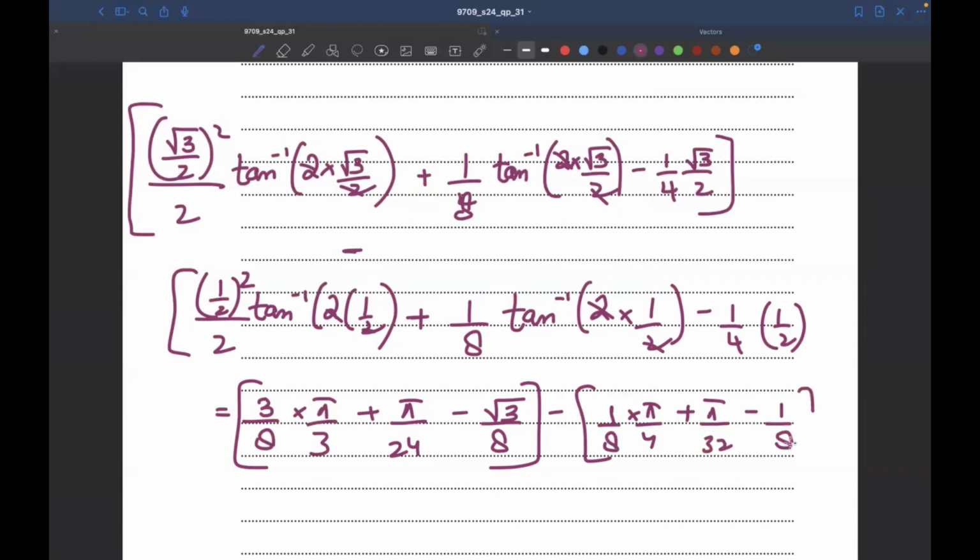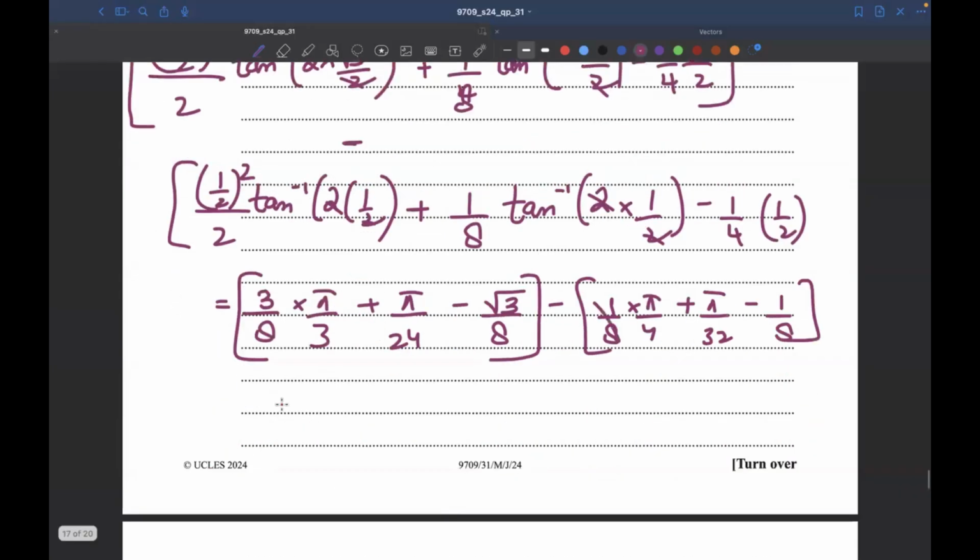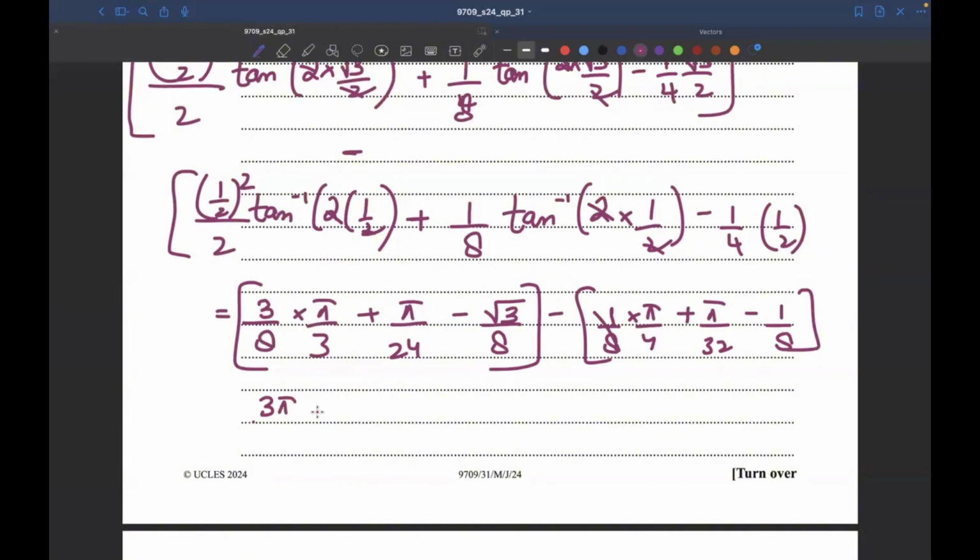Now simplifying this, we'll get 3 pi by 24 plus pi by 24 minus root 3 by 8 minus pi plus pi is 2 pi. So that is 2 pi upon 32. So this will be minus 2 pi by 32 and minus minus plus 1 upon 8.